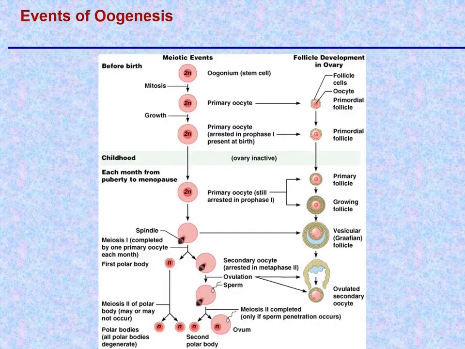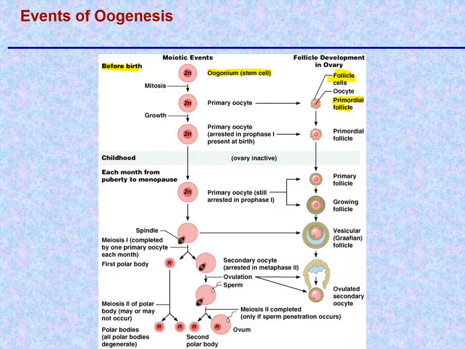So here you see follicular development. This is before birth in the female developing fetus, and you have all these oogonia or stem cells, each one inside a primordial follicle. The follicle is surrounded on the outside by a single layer of follicle cells.